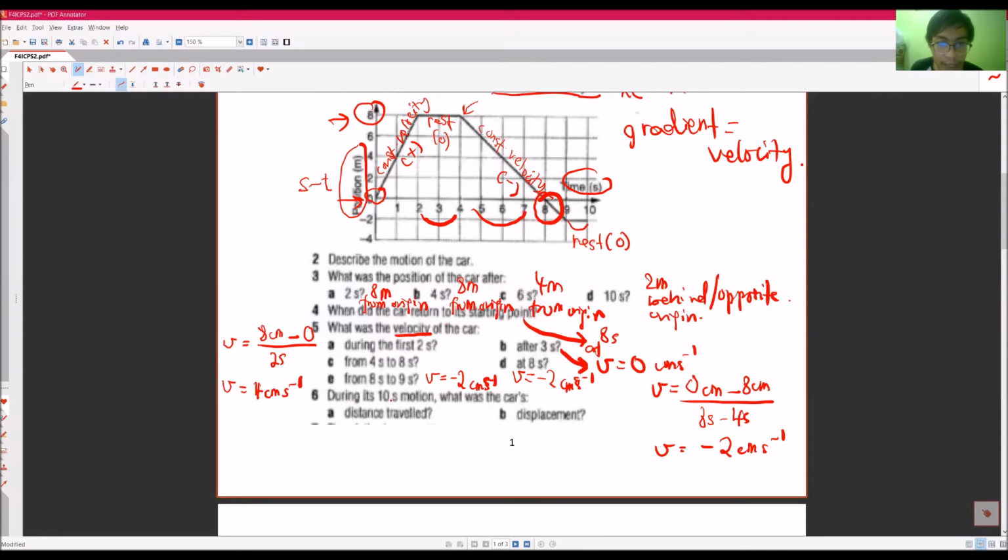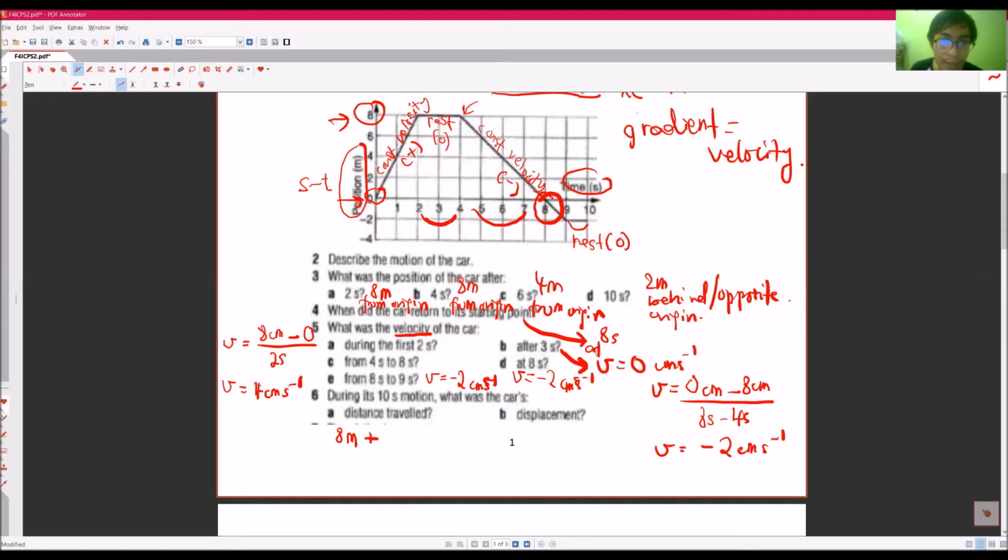6. During its 10-second motion, what was the car's distance traveled? So this is a very good question. We just need to add up all the distances that the car has traveled from the start. So the first 2 seconds, it moved 8 meters. Regardless of the direction, we don't need the negative sign here. We just add up the magnitude because distance is a scalar quantity.